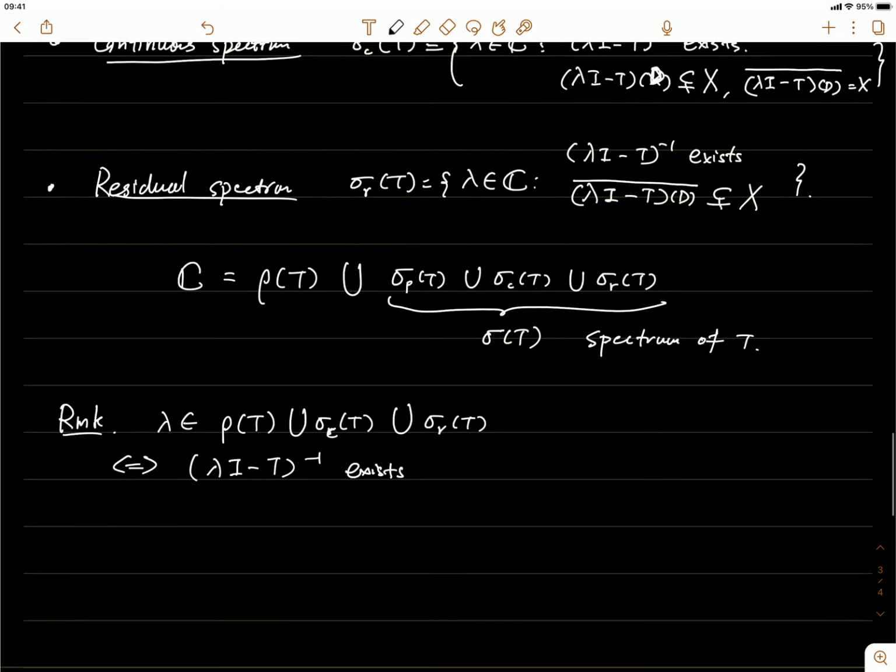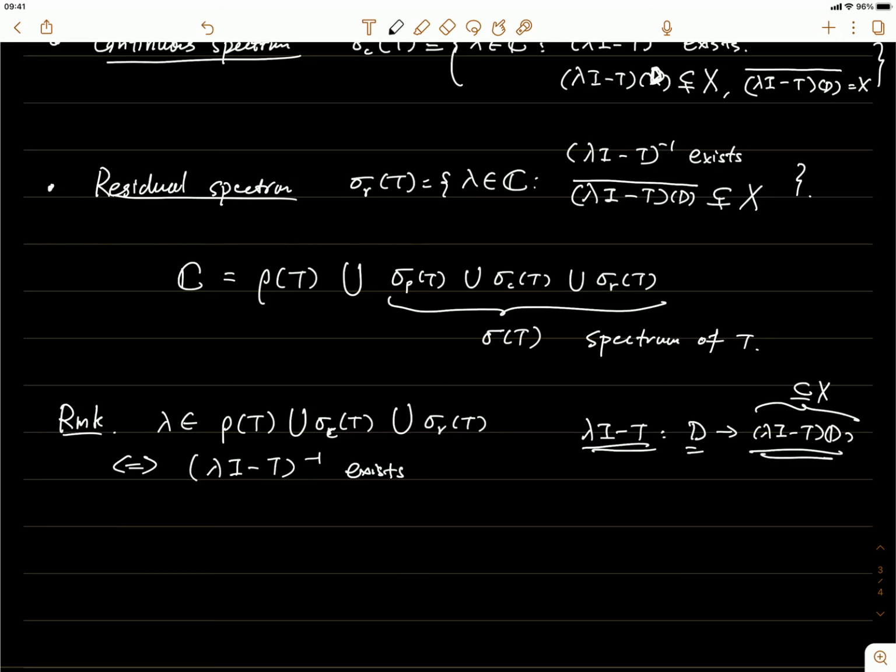We said that this is just a mapping from D to its image, which is lambda I minus T applied to D. This whole thing is just a subset of X, but at least it makes a one-to-one correspondence.